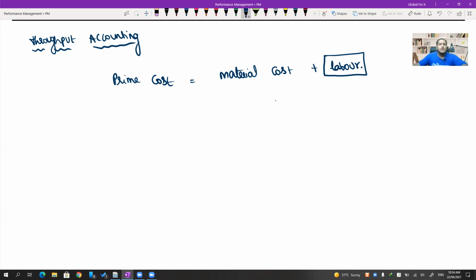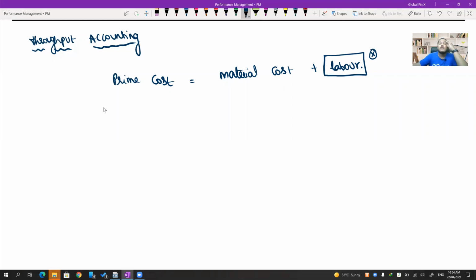So whether they are producing 1,000 units or 10,000 units, or what happens if there is a material blackout? Suddenly you run out of raw materials. Will you stop paying the labor? Obviously not. You have to keep paying the labor even when there is no material. So some people argue that even labor cost is not truly variable.